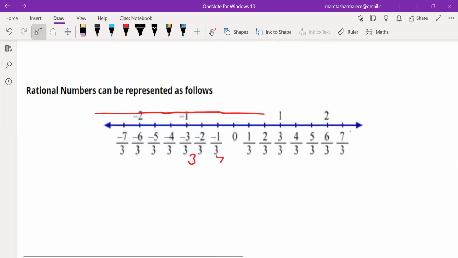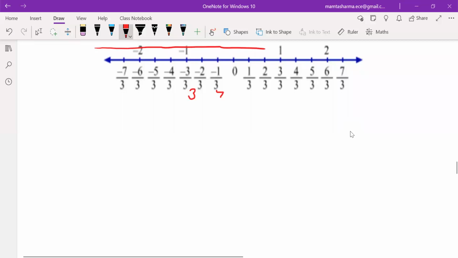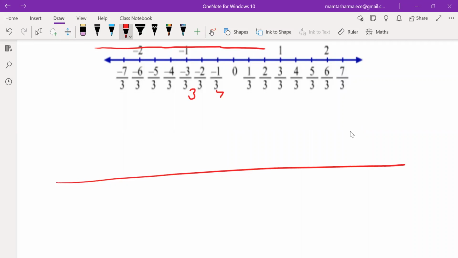Now in this chapter we will see how to represent any rational number. If this is my number line and in the middle we write 0, on the right side we write positive numbers and on the left all negative numbers. If my rational numbers are, suppose, 1 by 3, 2 by 3, 3 by 3, how would you represent these on a number line?